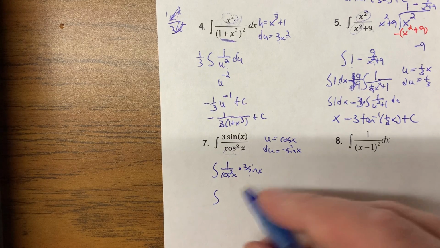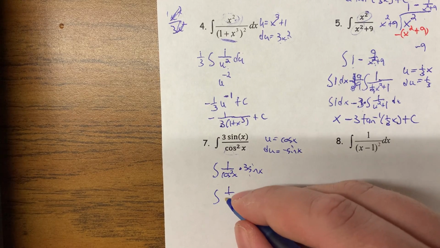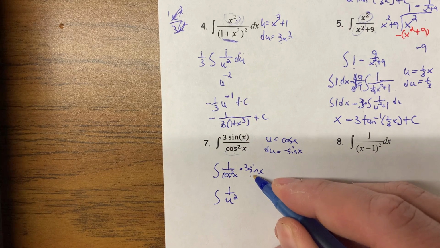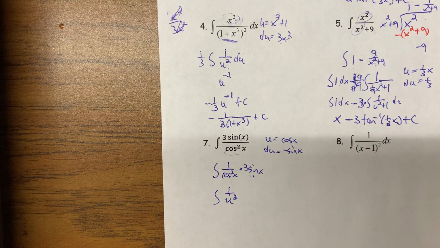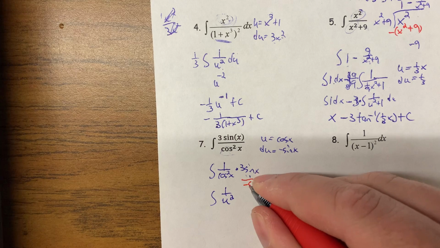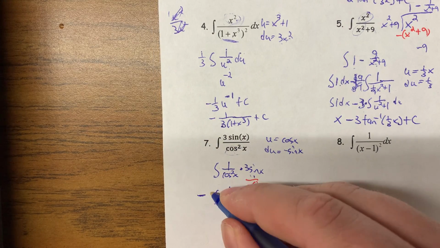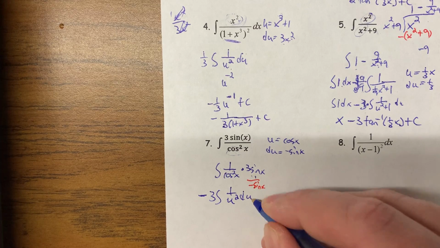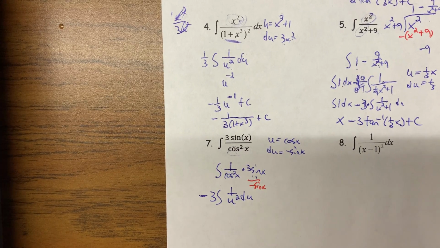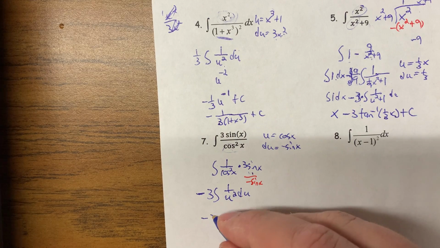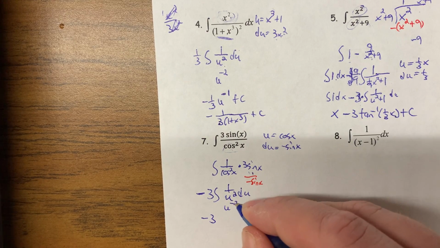So this is 1 over, cosine is u, so 1 over u squared. And when we divide by negative sine of x, the sine of x's will cancel. So I'll divide by negative sine of x. This will be negative 3, and I'm going to just bring that to the outside. We could leave it inside the integral, it's cool, but I like factoring out the constants to the outside. So negative 3, this is u to the negative 2 power.